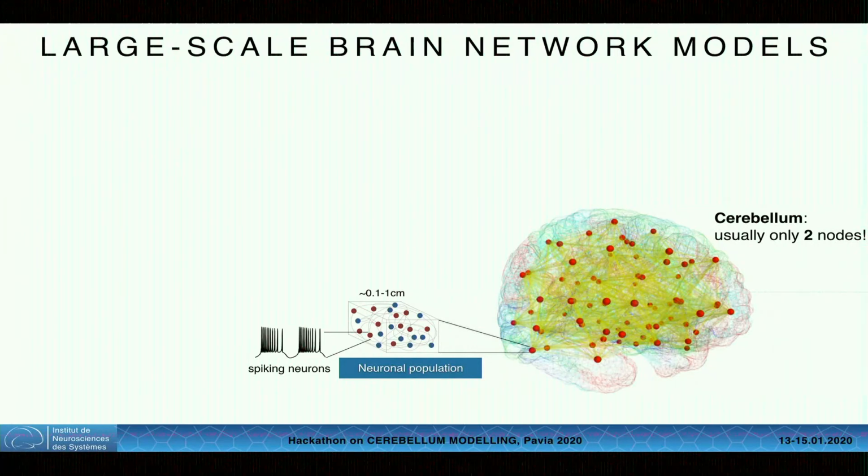And here I have a brain network of a human, and just to mention that currently in most of the models for human, we have only two nodes for the cerebellum, cerebellum left and cerebellum right, and it's the same case with the thalamus or with hippocampus.